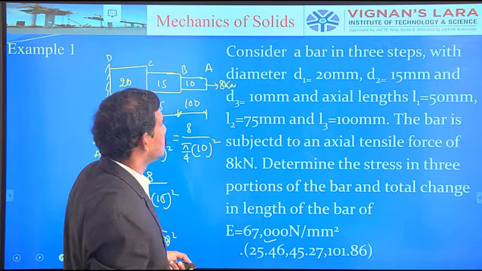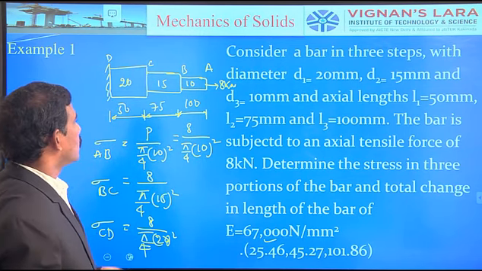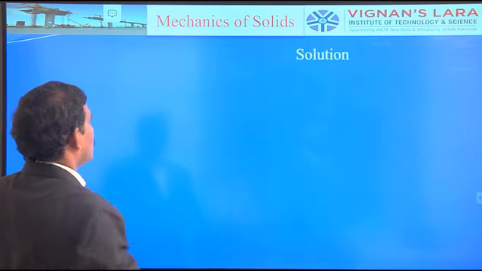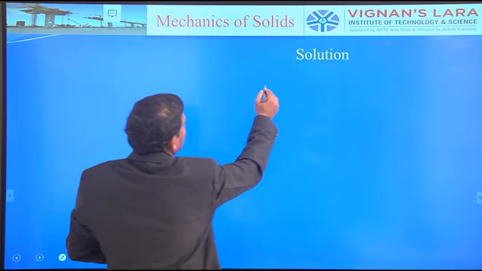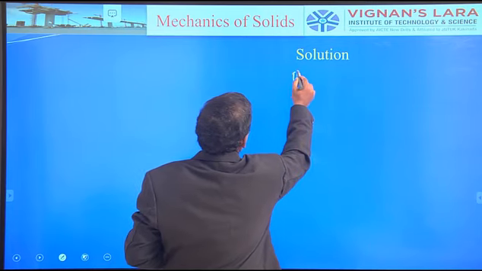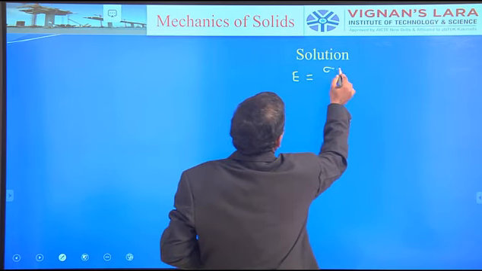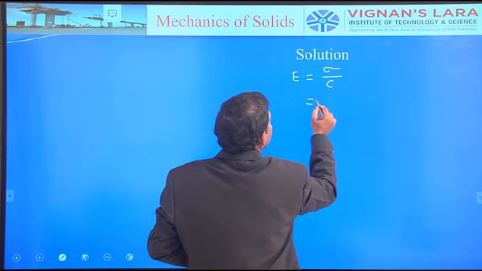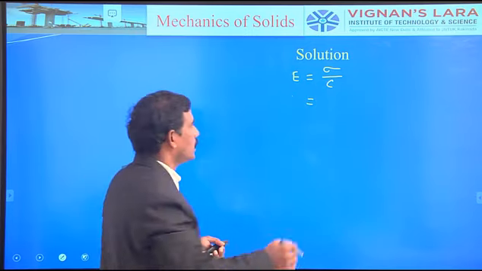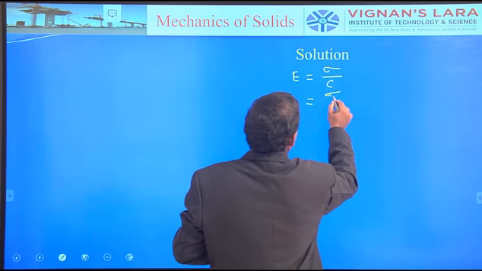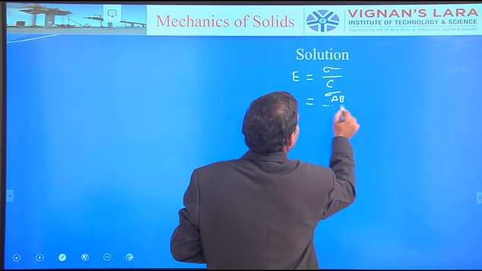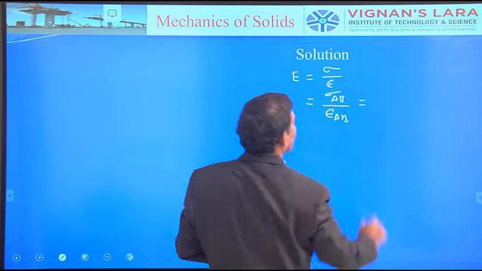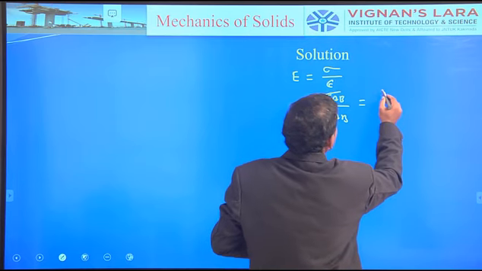Coming to the strain. We know the relation: Young's modulus E is equal to stress by strain. Young's modulus is the same for the entire material. Taking the stress in portion AB and the strain in portion AB, the value is 8 divided by pi by 4 D1 square, divided by delta L1 by L1. Here L1 is a known value.